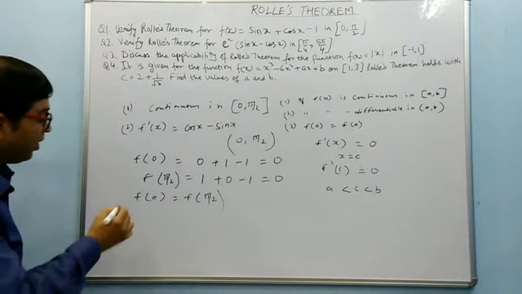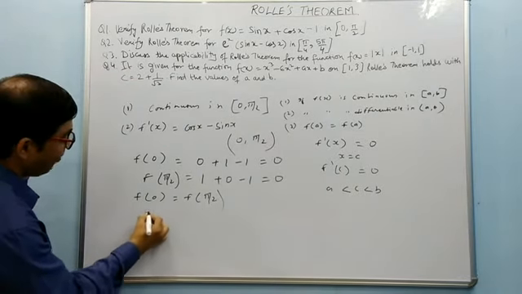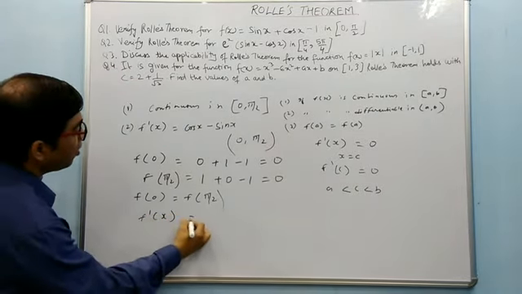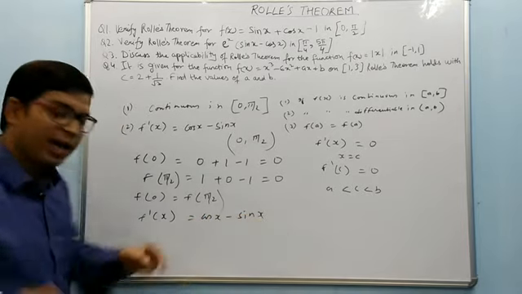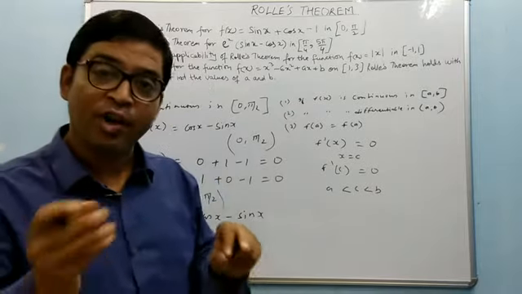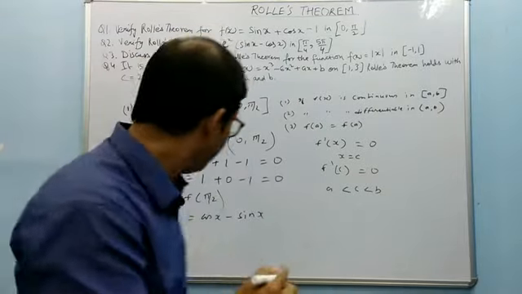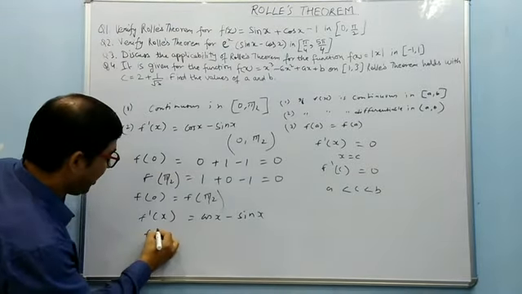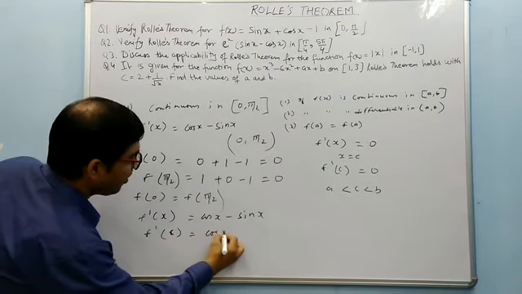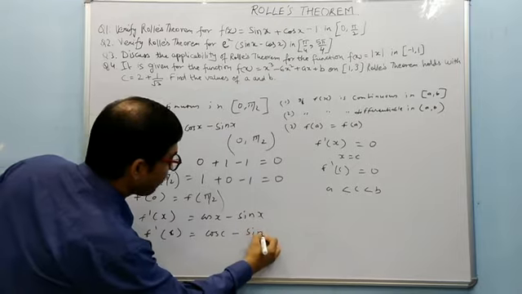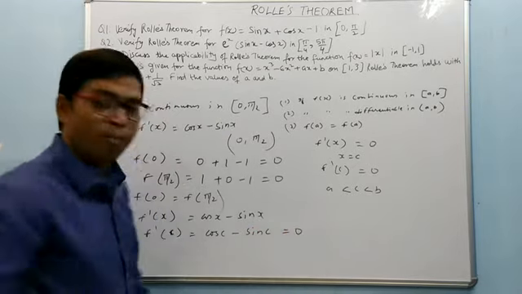We will see it. Now f dash x is cos x minus sin x. We term that point as c, the value of x we take as c. So for f dash c, you just write c in place of x. So it is cos c minus sin c is equal to 0.